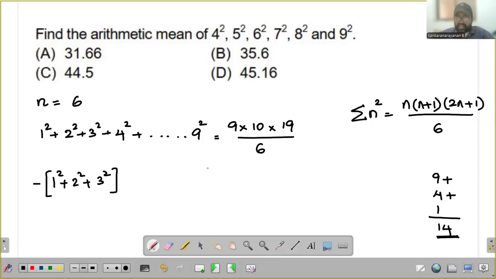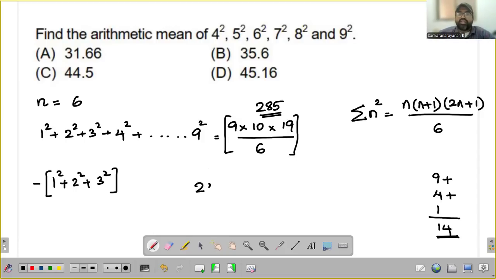So 9 into 10 into 19 whole divided by 6, the sum of squares of the first 9 natural numbers, results in the value 285.